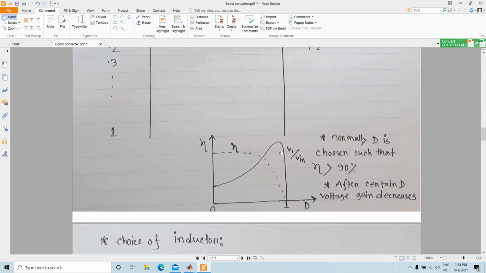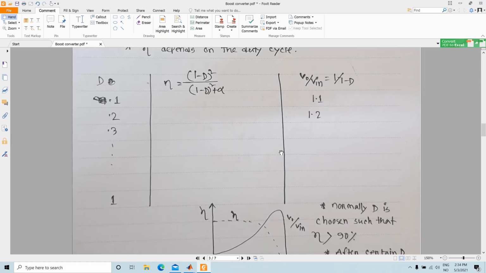You can do this simple calculation considering a real life example. If you have a certain input and output voltage, you know D, and you know the ratio of RL divided by the load resistance, then you can calculate the alpha value. Putting in the duty cycle values, you can then calculate the efficiency and the voltage gain.